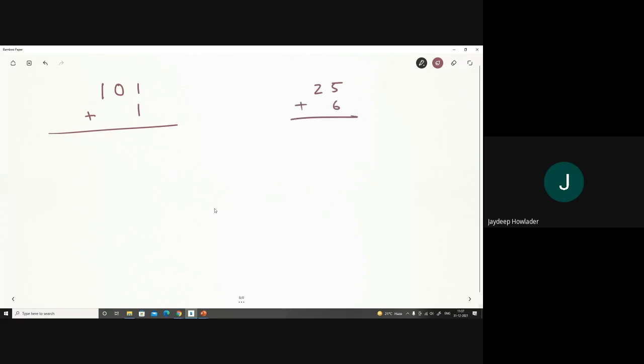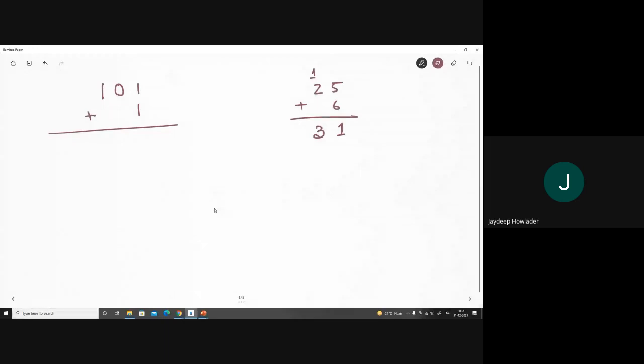We add the two numbers, and the result comes as 11. So I have a 1 and a carry of 1. Understand? Clear? And this carry is forwarded to the next digit. So this is simple addition in decimal.